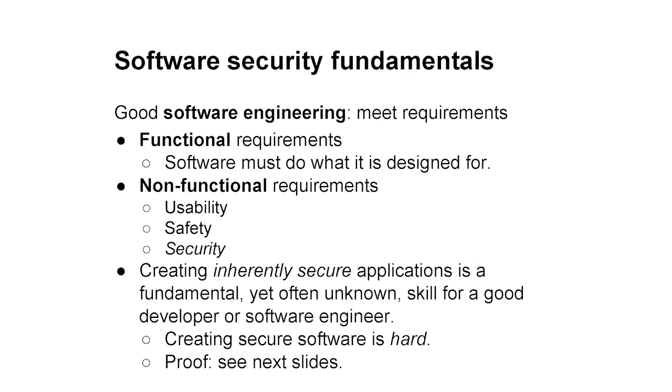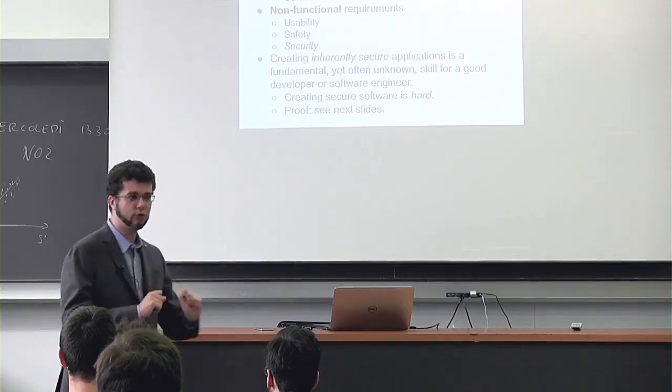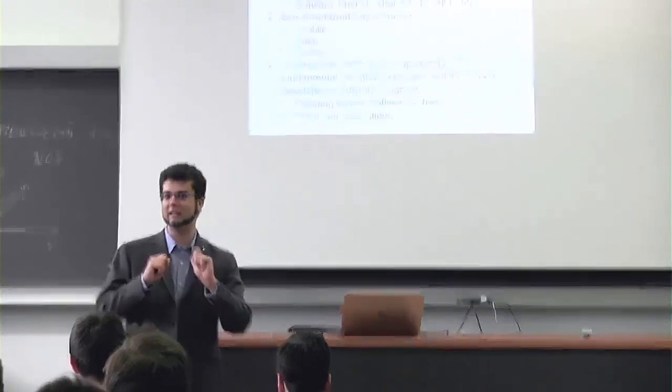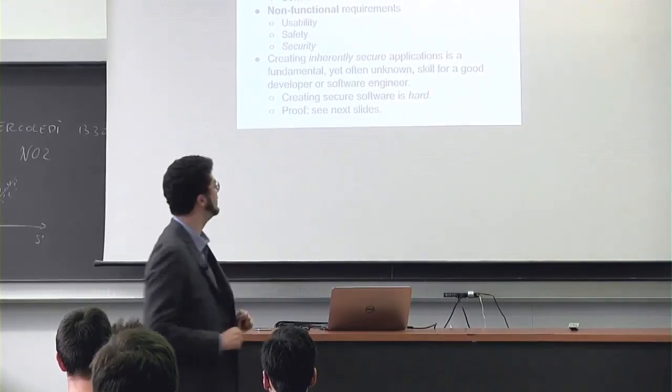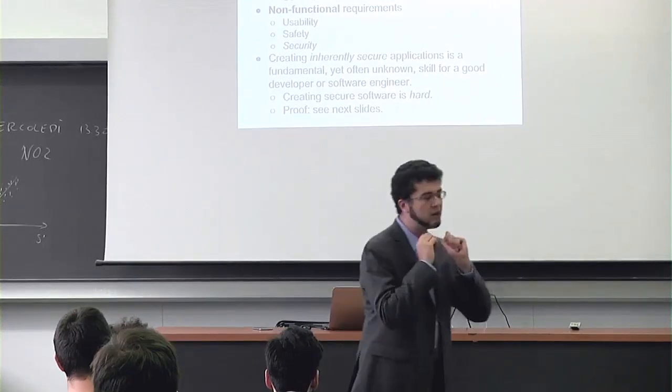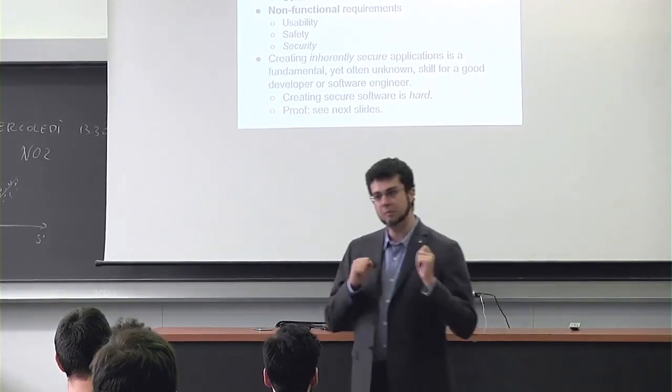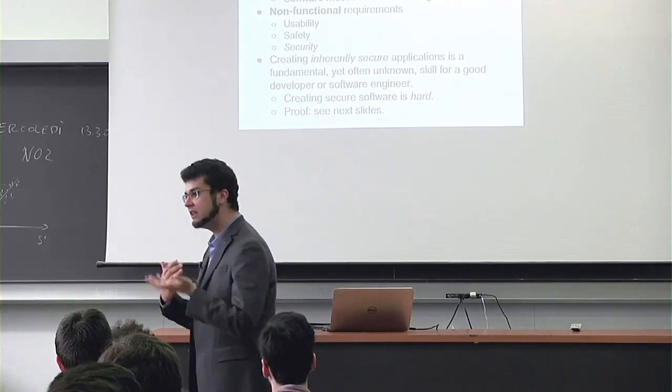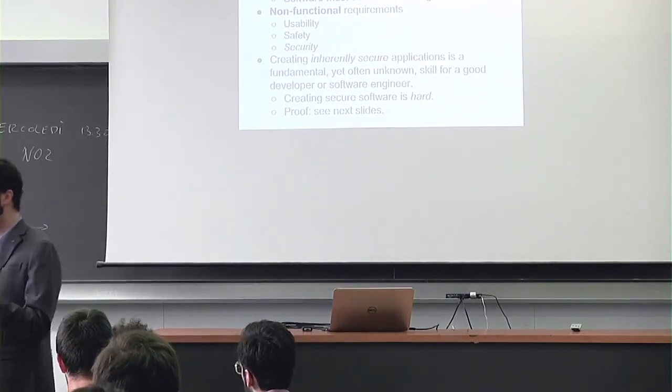So what does good software look like? Well, you have taken classes in software engineering. My colleagues from software engineering will probably kill me for oversimplifying this and ending up on video with it. But basically, good software engineering means creating software that meets the requirements.